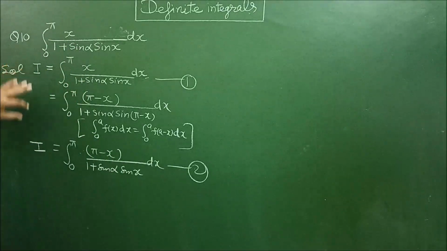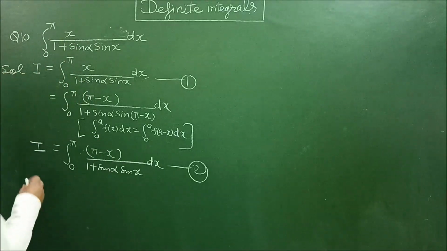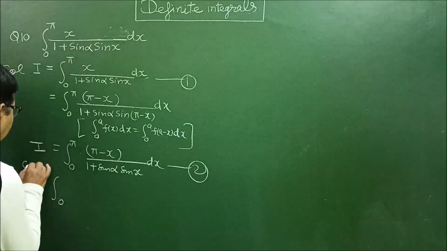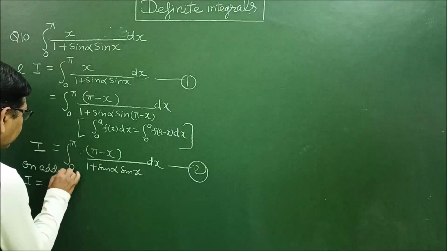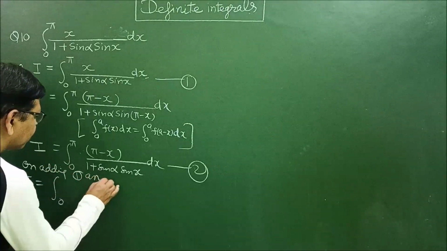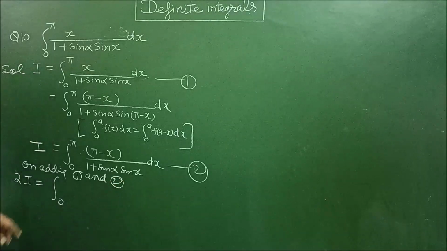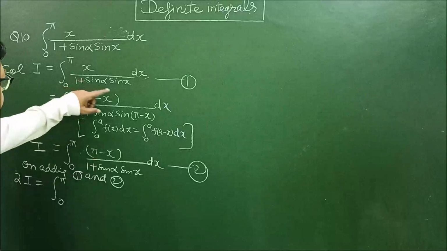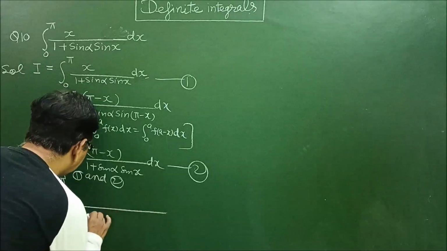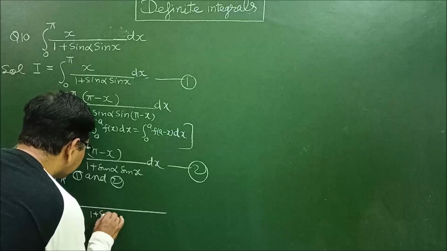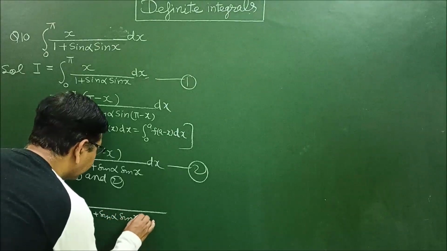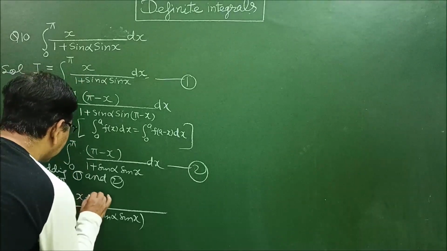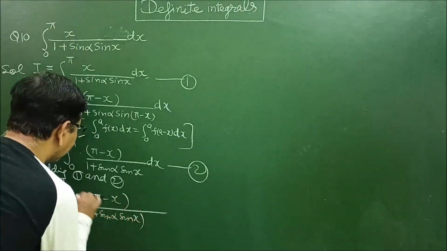Now adding these two integrals, 2I will be equal to integral 0 to pi. On adding first and second, both are having the same denominator, 1 plus sin alpha into sin x, and in the numerator we have x plus pi minus x.